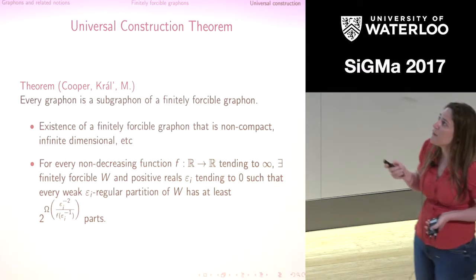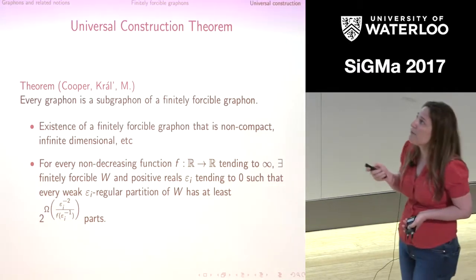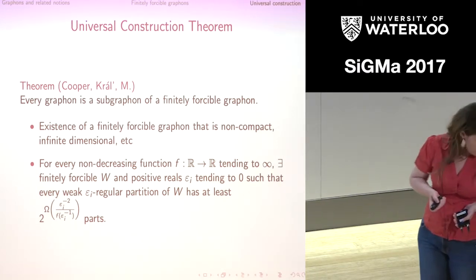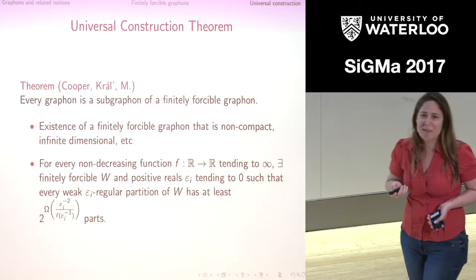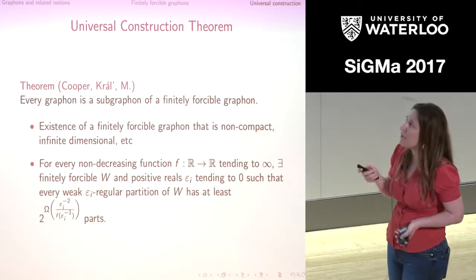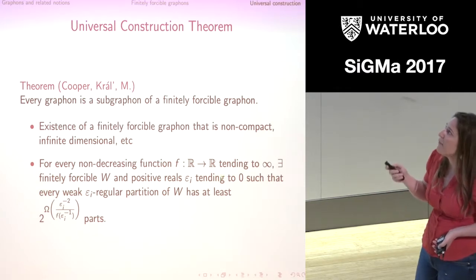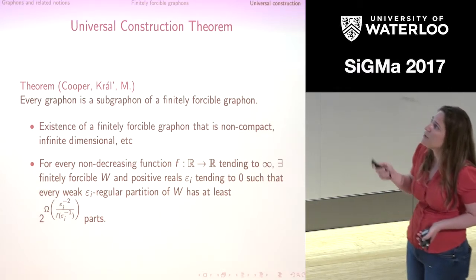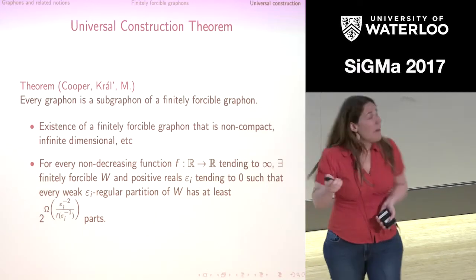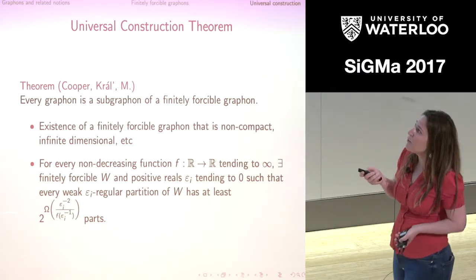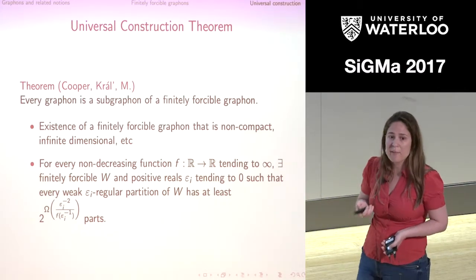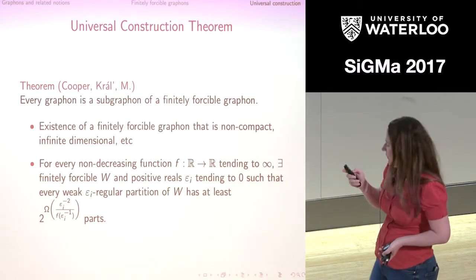We prove exactly this: every graphome is a subgraphome of a finitely forcible graphome. As a corollary, we have the two other results, because any graphome can be there, and we also generalize the previous result in the number of weak epsilon regular parts needed.